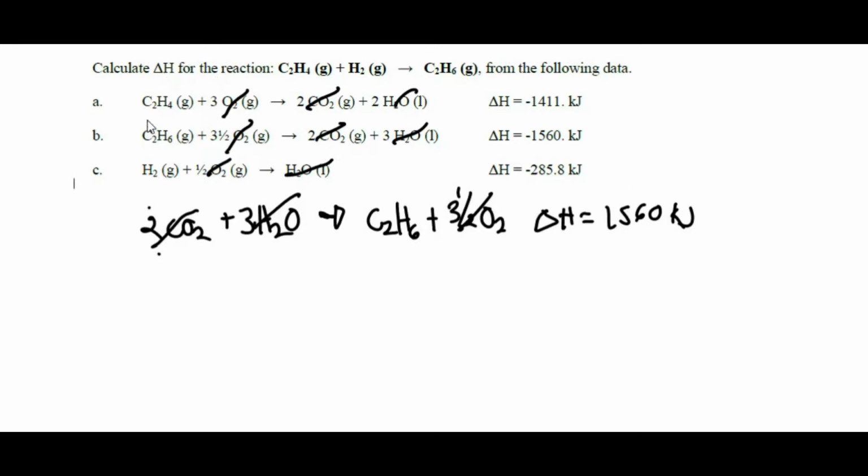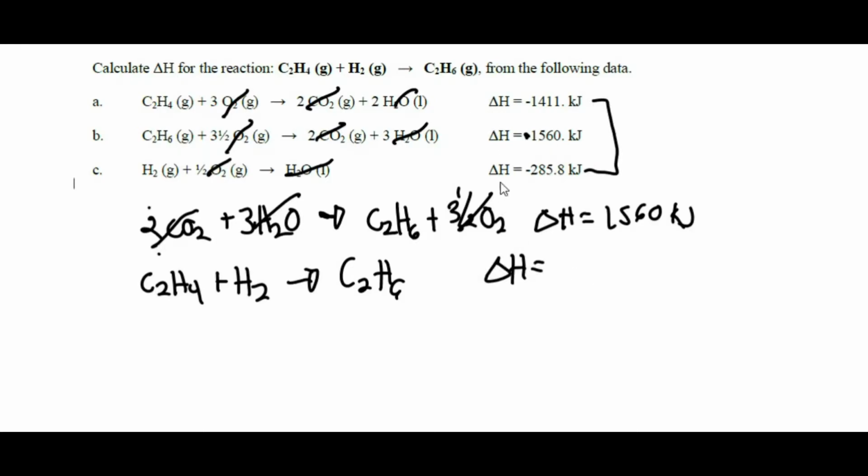So we remain with this, C2H4 plus H2 from here, and C2H6. Now, okay, let's cancel this. So all we need to do is add all of them. So the final answer is negative 137 kilojoules. And that is our final answer.